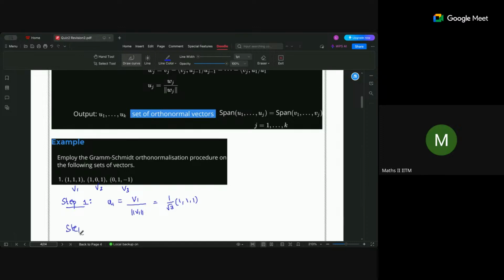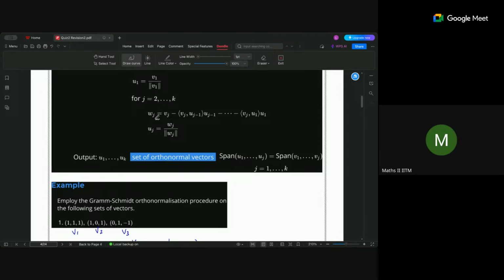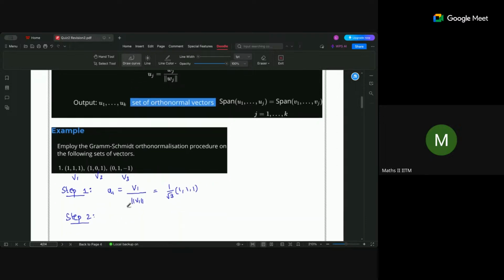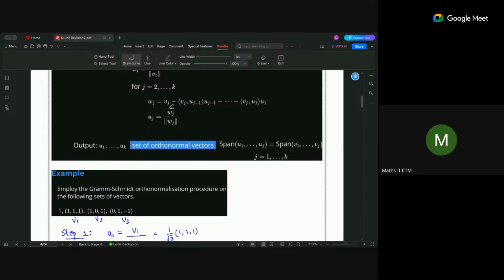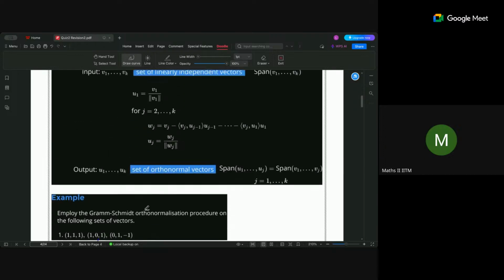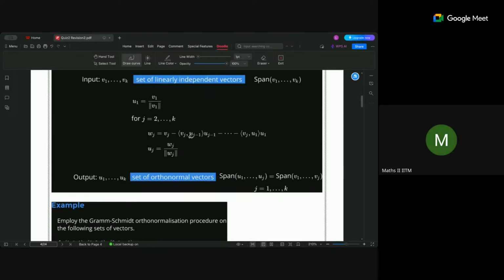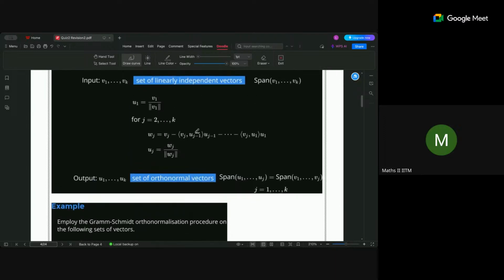Now what is step 2? In step 2, what is the formula you have? w2 is equal to vj, what is vj here? v2. v2 minus the inner product of v2 and u1, times u1.